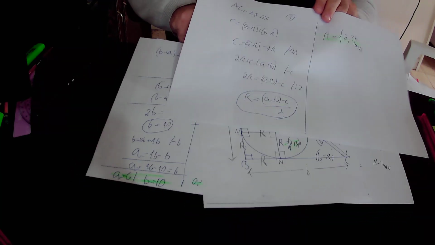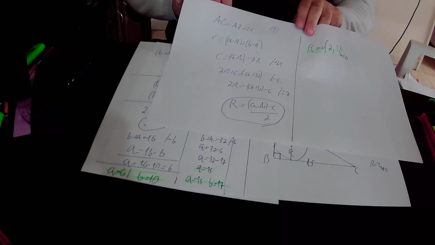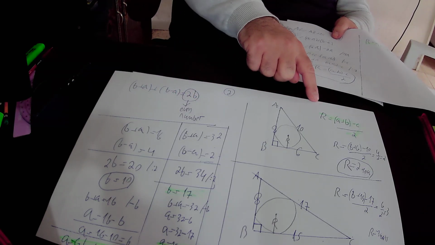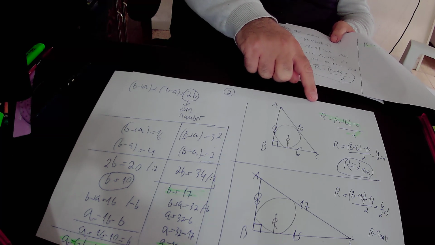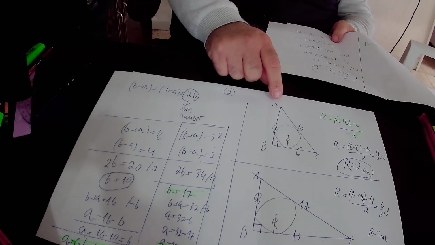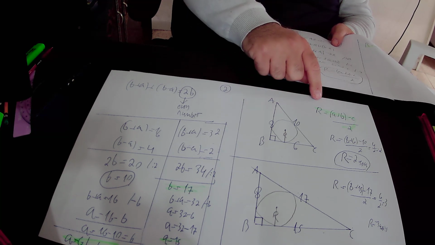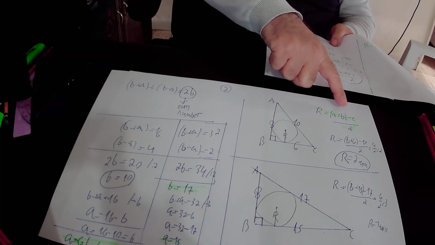Now we implemented the new formula in our drawing. Here, this is the new formula, and we implemented it in our two triangles that we found for this question. According to the new formula, capital R equals A plus B minus C over 2.